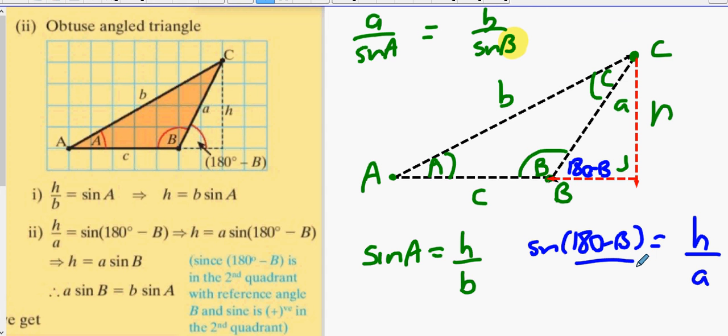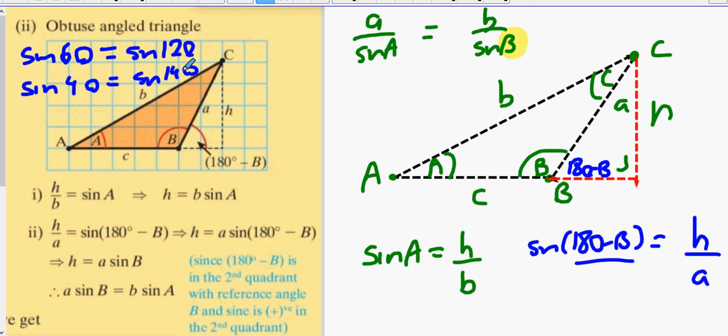Now, it's your choice how you want to get rid of this, okay? Because it's in the second quadrant, any angle you want. I'll give you an example. Sine 60 is actually the same value as sine 120 when you put them both in the calculator. Can anybody tell me what angle sine 40 would be the same as? Sine 140. Does everybody get what you're doing?